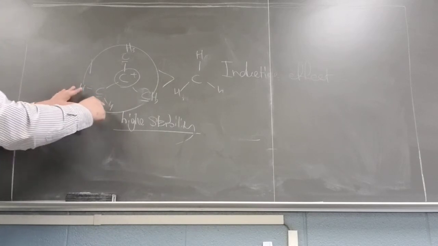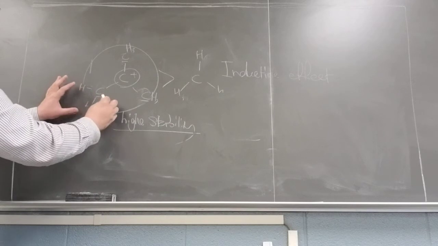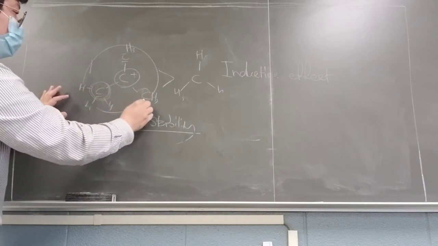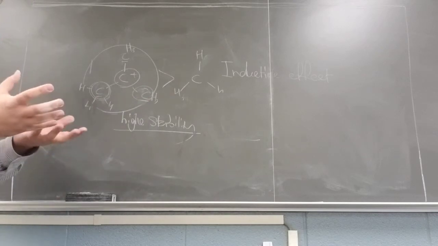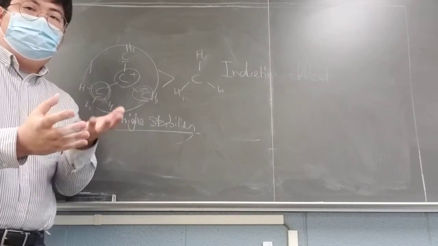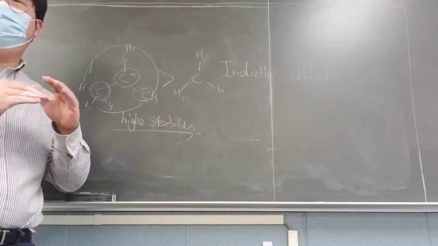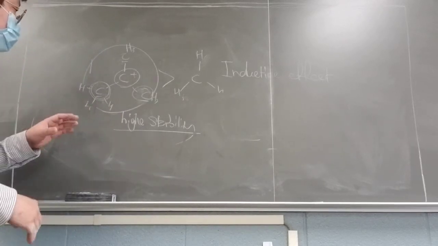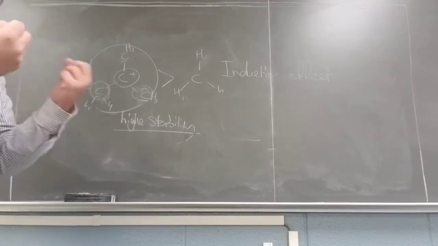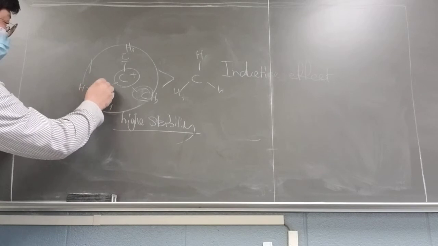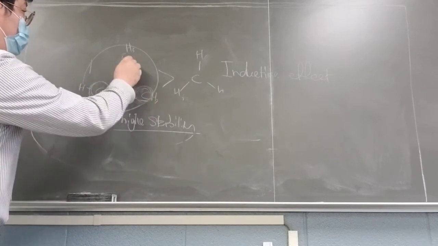Hydrogen is lower in electronegativity than carbon, so the electron density is more on the carbon. If you have a carbon surrounded by hydrogen, the electronegativity is not so much different actually. It's just a little bit different, but still carbon is slightly stronger in pulling the electron than the hydrogen. So they have an electron density more centered on this carbon surrounded by hydrogen.